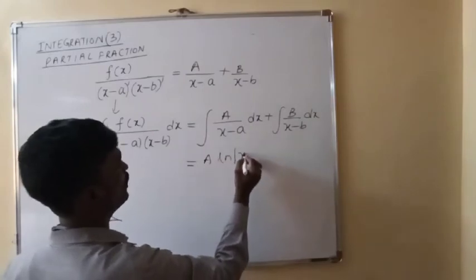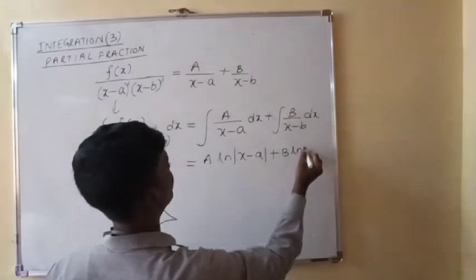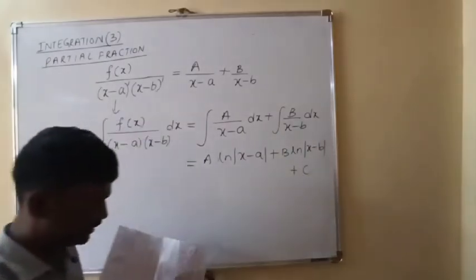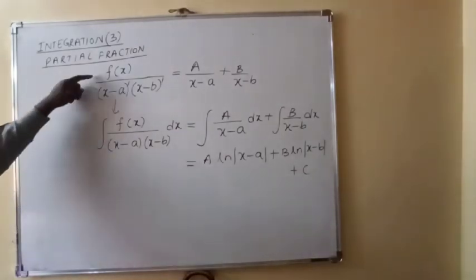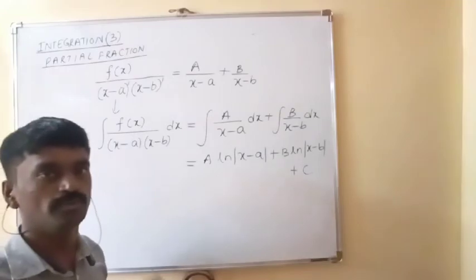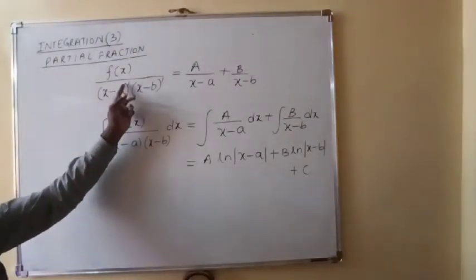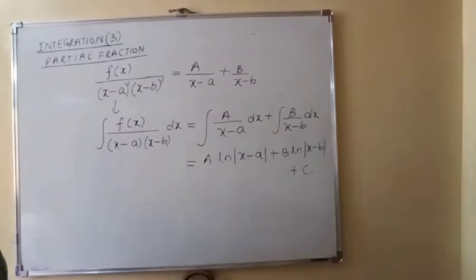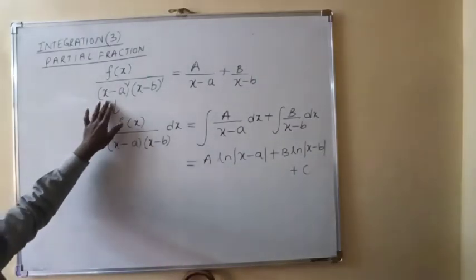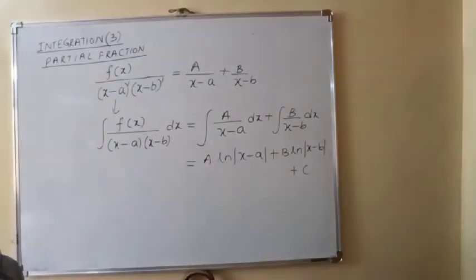A ln of mod x minus a plus B ln of mod x minus b plus C. That means if f of x by (x minus a)(x minus b) is a proper fraction, that is, the degree of numerator is less than the degree of denominator, then the integral of this proper fraction will be what? A into log of first linear factor plus B into log of second linear factor plus some constant.